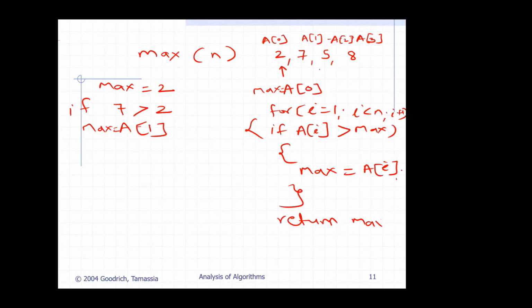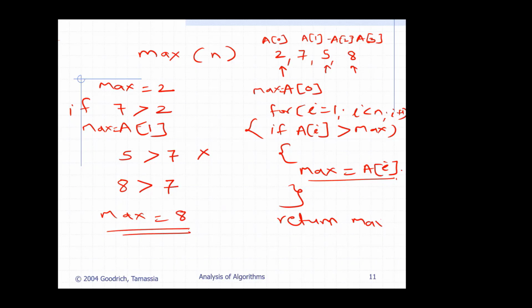Next time, I'm going to check is 5 greater than max. Now max is 7, so this condition is not satisfied, and it will not change my max. Next, we'll check for 8. Is 8 greater than the max? Yes. So now the max is 8, and that is our result.